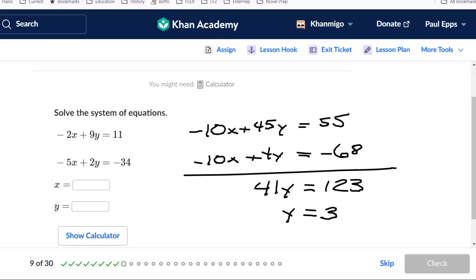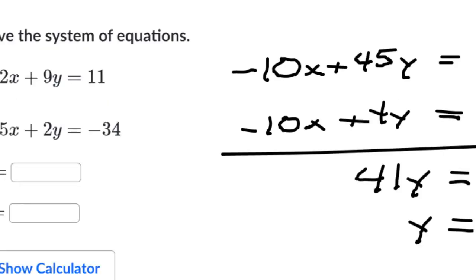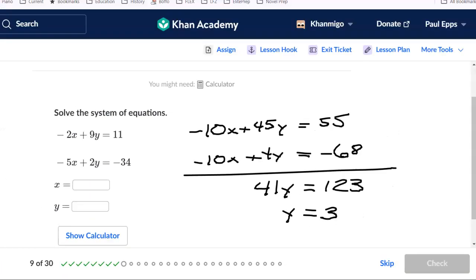Let's plug it into the second one. All right. Oh no, that was my fault. All right, get the pen back. Plug it into the second one.